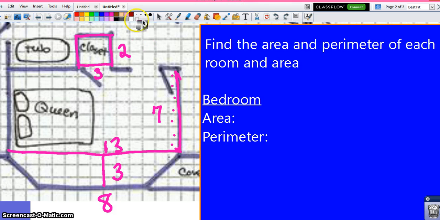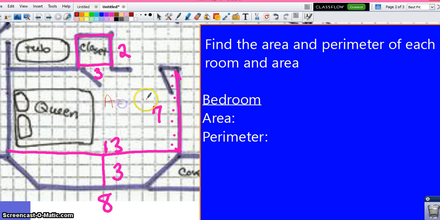So then you say, okay, how do I do this if it's not a perfect square? What do I do for a room like this bedroom? Well, what you're going to need to do is put it into 2 shapes that you know. This right here is a rectangle. The area for a rectangle is length times width, so you're going to do 7 times 13.